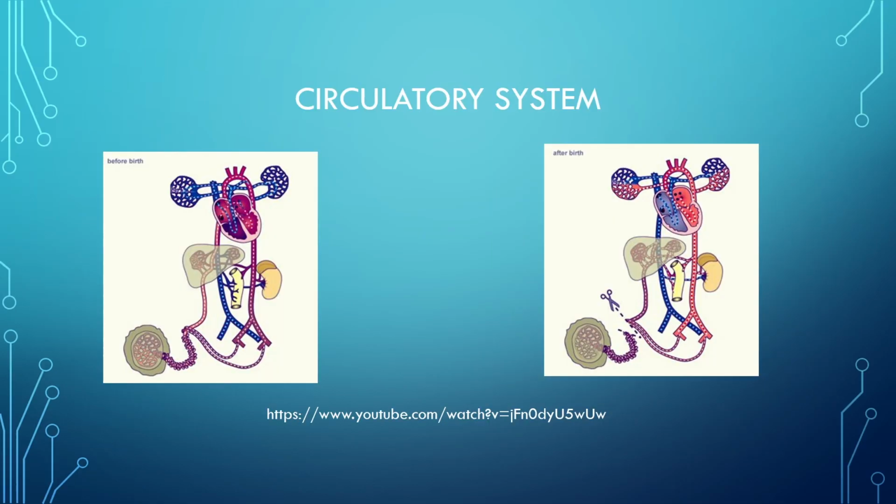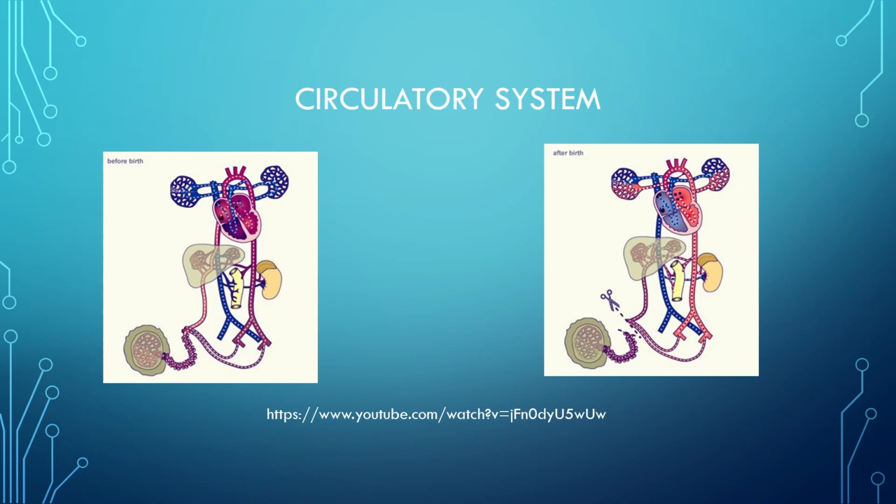The next system is our circulatory system. Again, this talks about those shunts. Here is another picture showing how oxygenated and unoxygenated blood flow before birth and how it changes after birth. One other shunt that I want to mention, because it's on this picture, is the ductus venosus. You'll see that one is down lower.